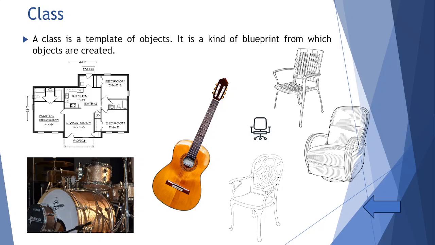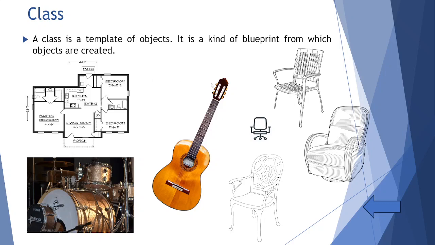Similarly, chair, table, guitar, any object you see, we have a blueprint. According to the blueprint, we create so many objects. For example, the template of a guitar is different from a drum or sitar.